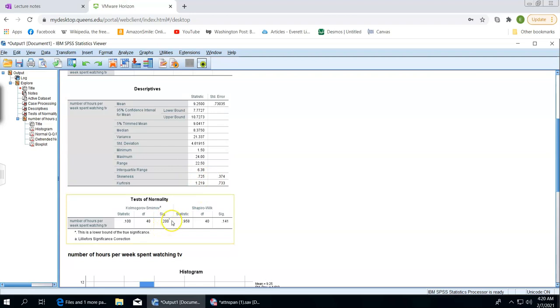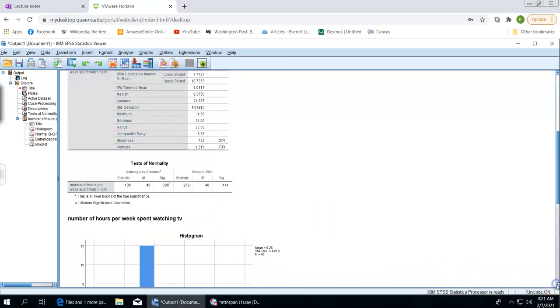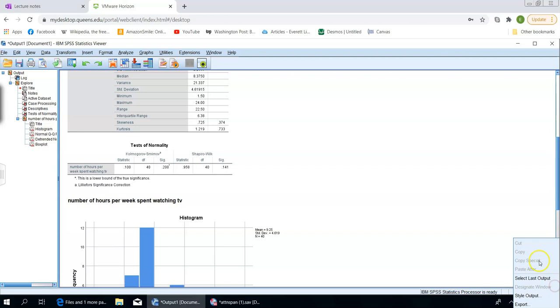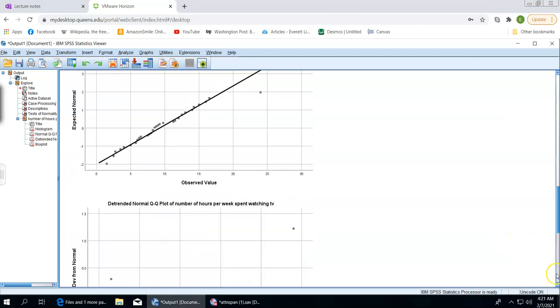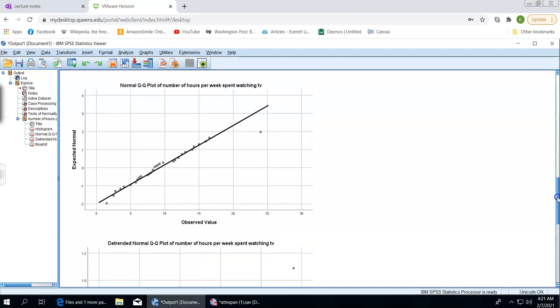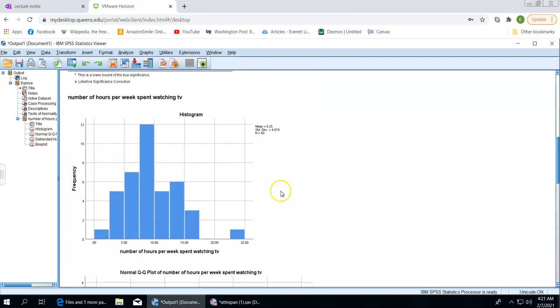The p-value on the Kolmogorov-Smirnov test is 0.2, so that's a good sign. Histogram looks pretty good. Looks fairly normal.